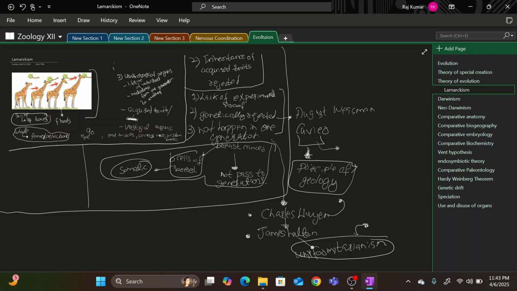Everything has evolved in a very slow and gradual manner. So that is known as uniformitarianism. It includes all of Earth. For example, Earth has evolved over a very, very long period of time, and all organisms have evolved over a very, very long period of time. So this all took a very long time, which comes under the principle of geology given by James Hutton, uniformitarianism, which was then endorsed by Charles Darwin.